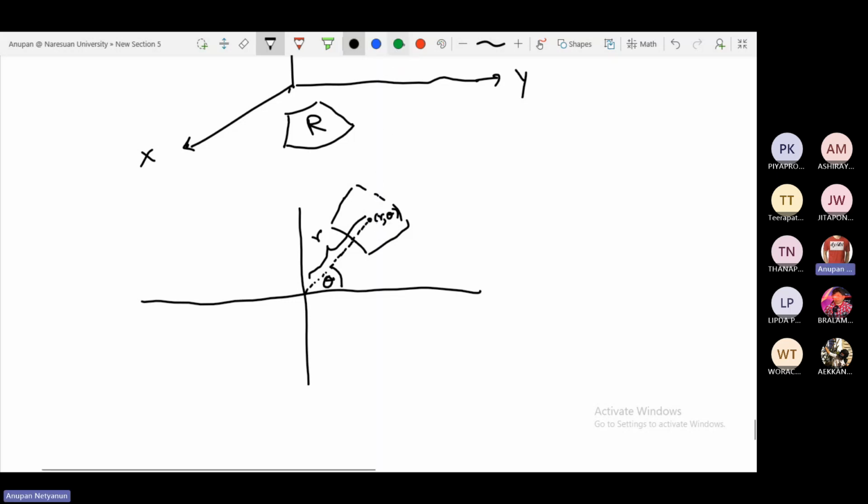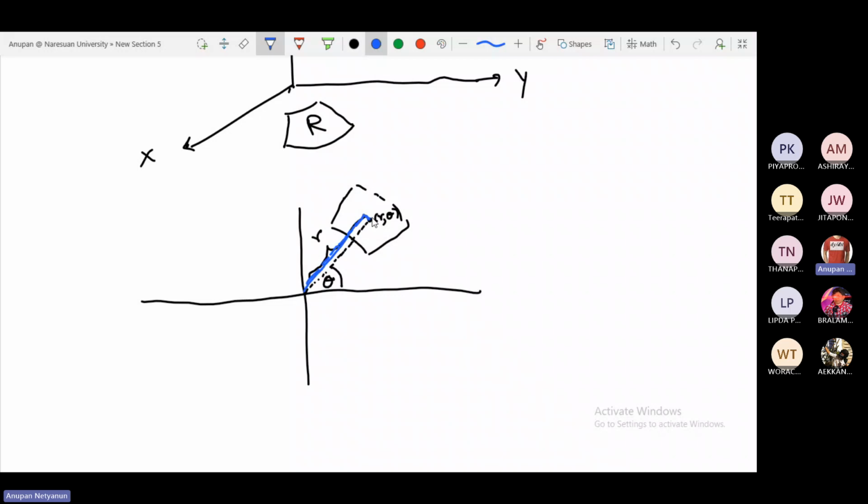From this, I'm going to form this, with respect to this angle, and this very small change.